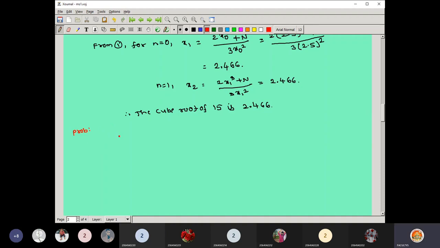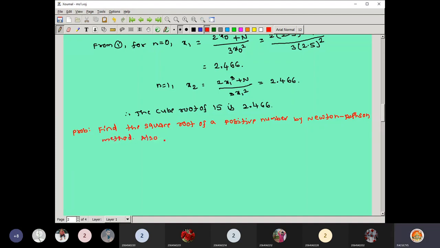Okay, you take one more problem. Find the square root of a positive number by Newton-Raphson method.